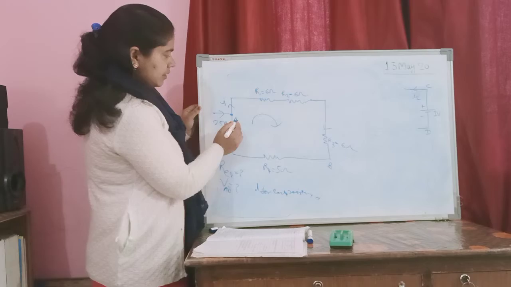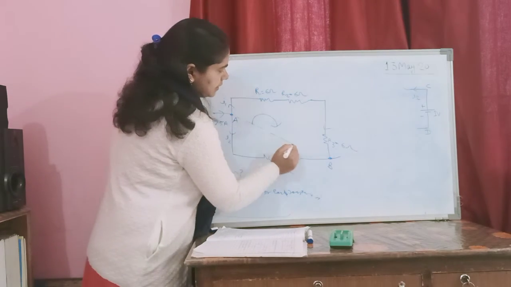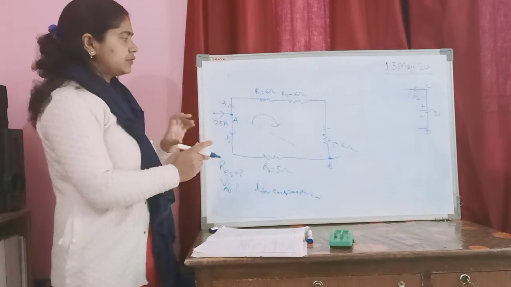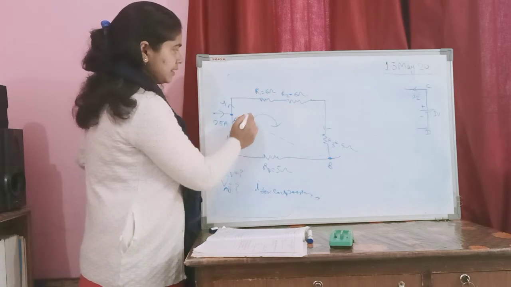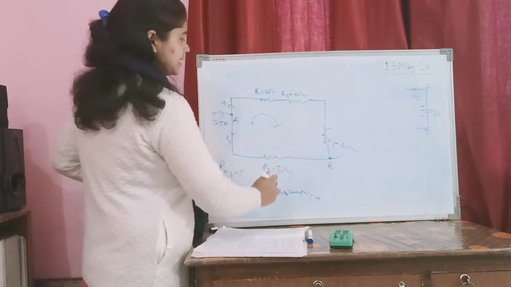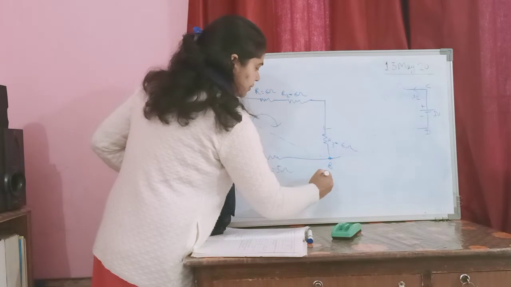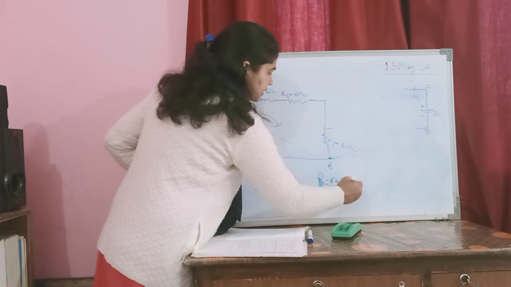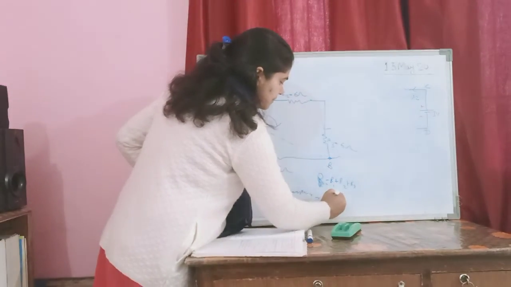Along these two terminals A and B, we have to find the equivalent resistance. These three resistances are in series, so their equivalent resistance R in series equals R1 plus R2 plus R3. It will be 6 plus 6 plus 6, that is 18.